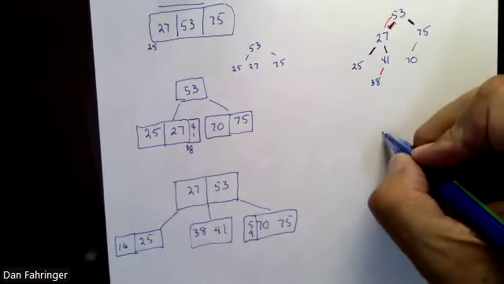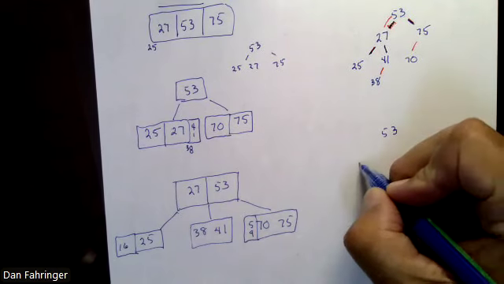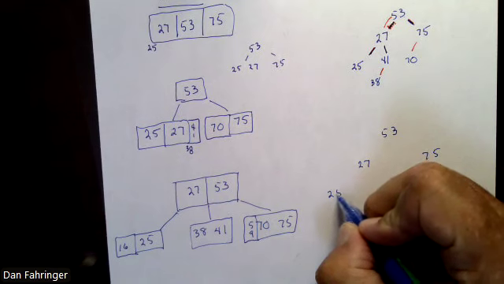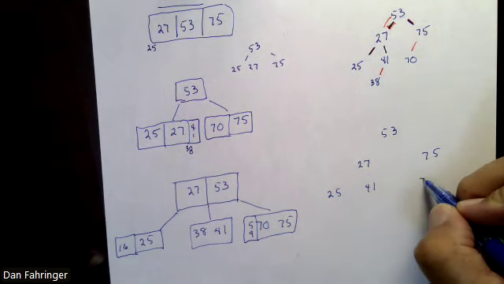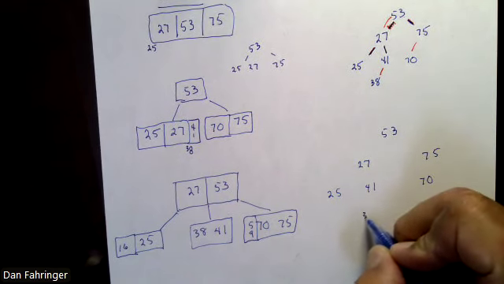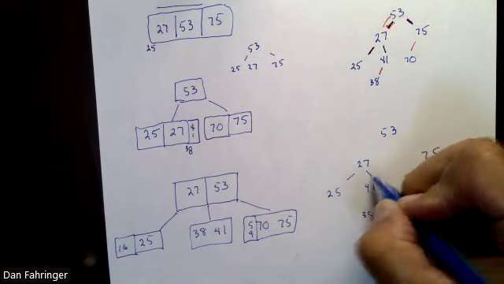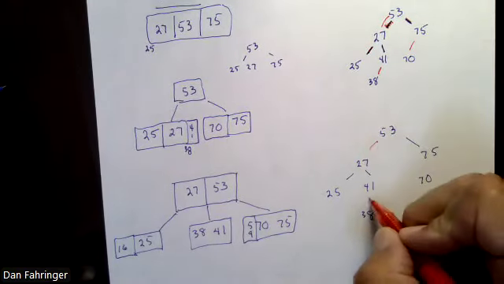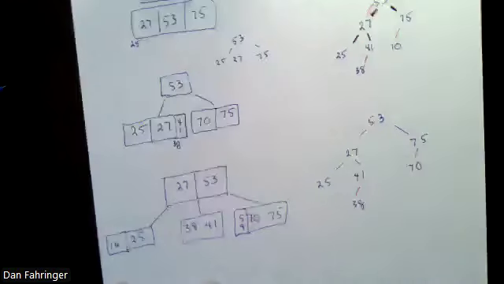Oh boy. 53. I have 27, 75, 25, 41, 70, 38. These two were black. That one was black. This was red. This was red. And this was red.